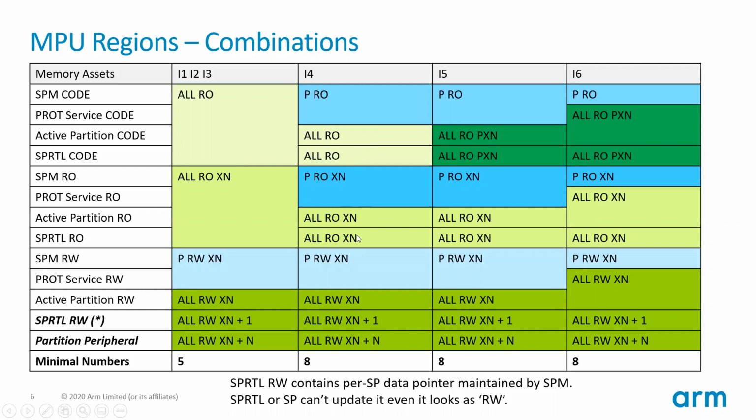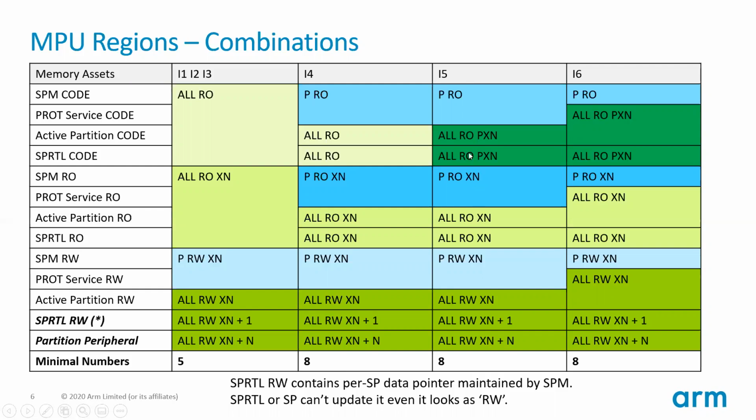And the rest are the same. With this change, we at least need 8 regions to comply with I4 and I5. So still almost the same.